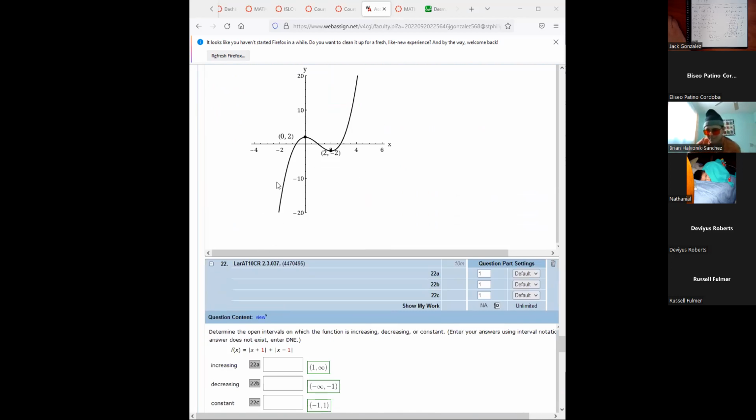Looking at this graph, do you see where we are increasing? From negative infinity till the 0. Yeah, it's all the way to this location, right? Then you want to see the other part.